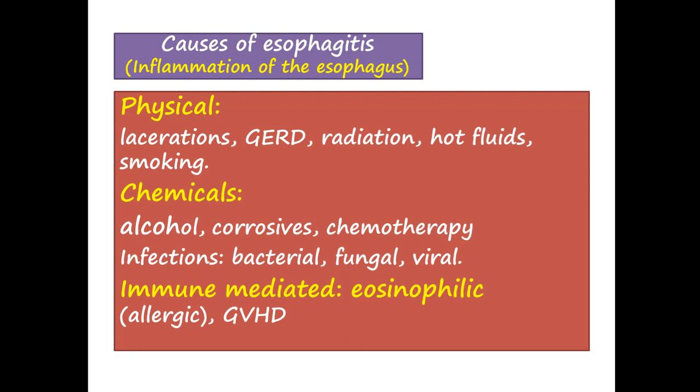So eosinophilic infiltration is seen in two major conditions: the immune-mediated reactions in the form of allergy or hypersensitivity, and parasitic infections. But here we get the esophagitis, which is inflammation of the esophagus characterized by infiltration of a large number of eosinophils.